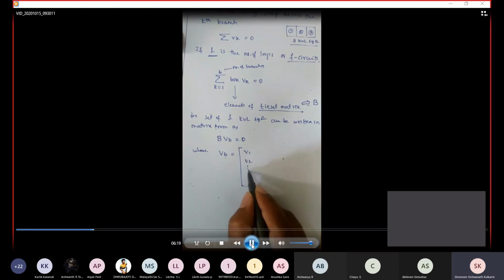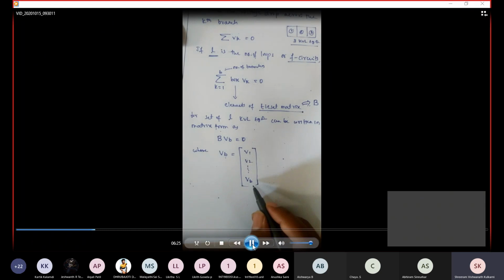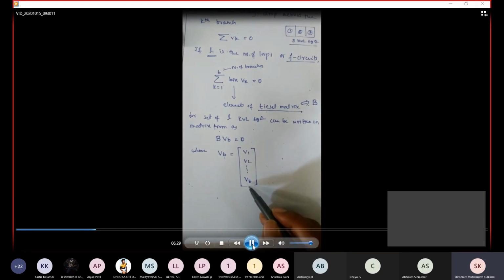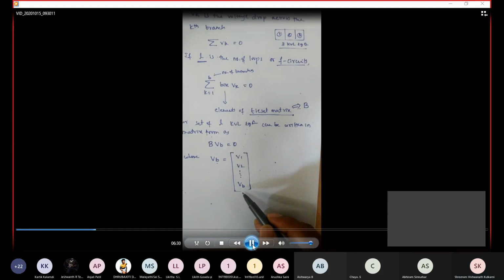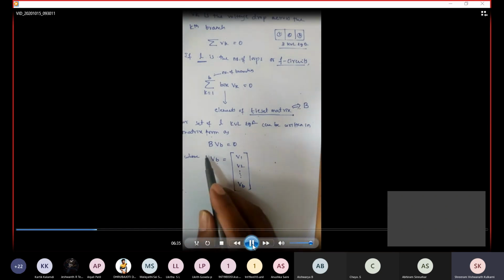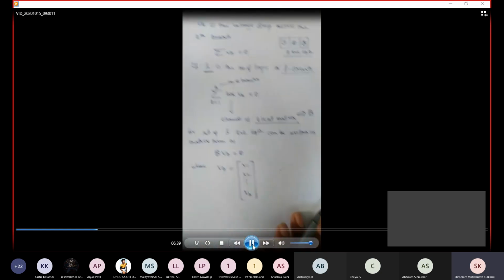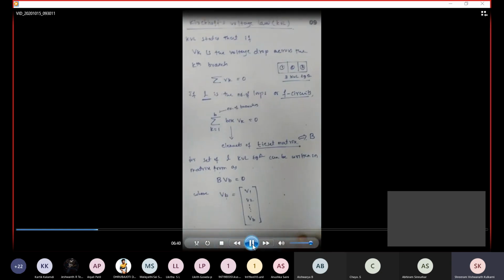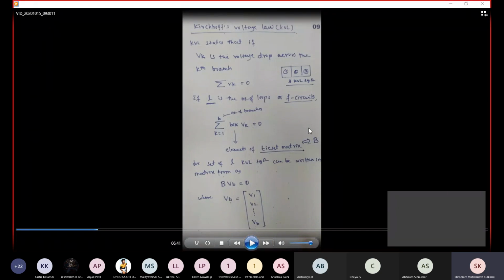V1, V2 up to VB, up to branch b. These are nothing but V1, V2, so on up to VB are branch voltages. B is the tie-set matrix, or we can call it a fundamental circuit matrix. Any doubts in this?